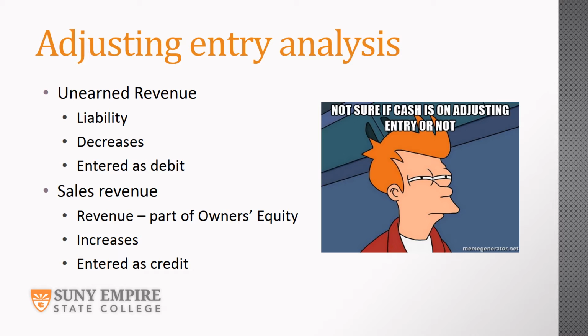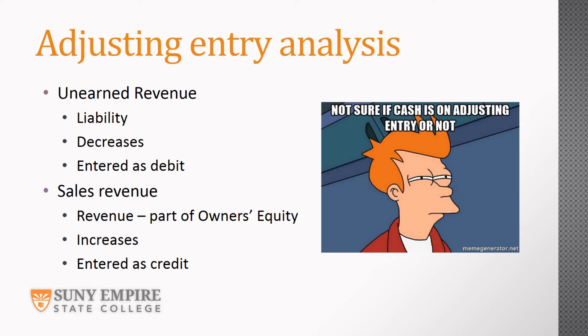Because the transaction has been completed with the delivery of the goods, Polly can now recognize the revenue from the sale. Therefore, the sales revenue account will increase. Sales revenue is part of owner's equity and increases with credit amounts. Therefore, the $5,000 amount gets listed as a credit to sales revenue.